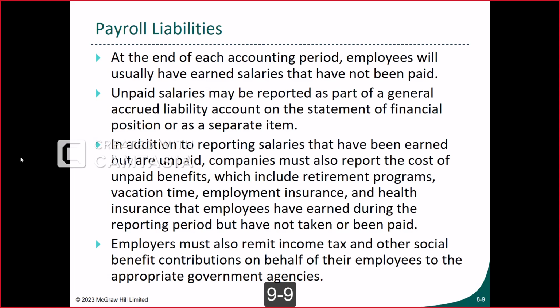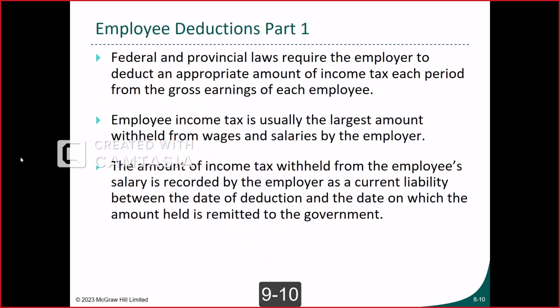It will show up as an accrued liability. And also all the payroll deductions, withholding for income tax from the employees, for example, or any retirement deduction, or employment insurance deduction. All of these kinds of deductions are liabilities that will show up in the balance sheet of the company.